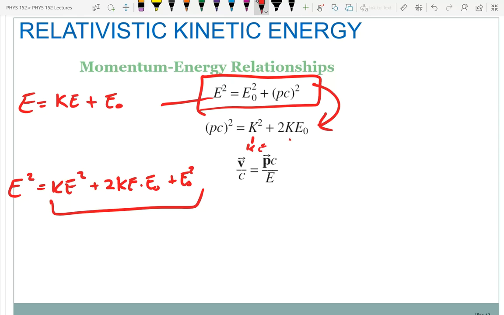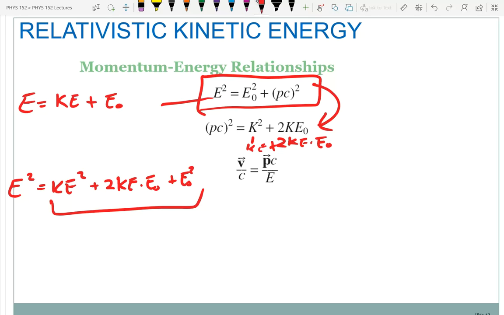And so 2KE means 2 times kinetic energy times rest energy. So this equation that's in the middle is just a composite of the first equation, the total energy is kinetic energy plus rest energy, and this new equation that says the total energy squared is equal to the rest energy squared plus momentum times C quantity squared.